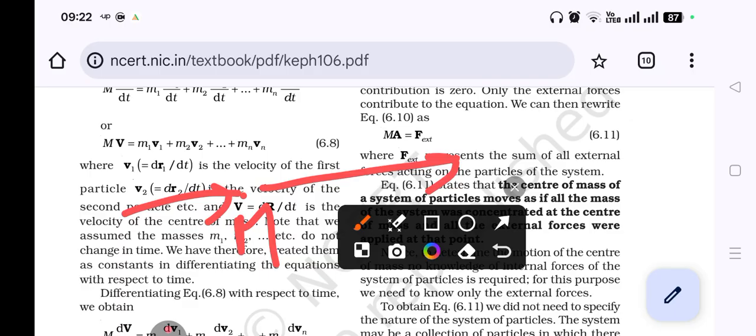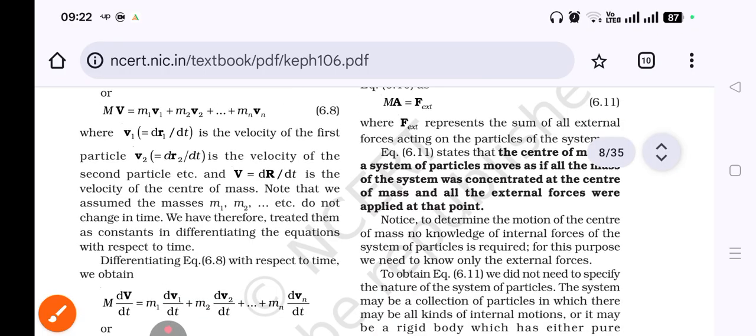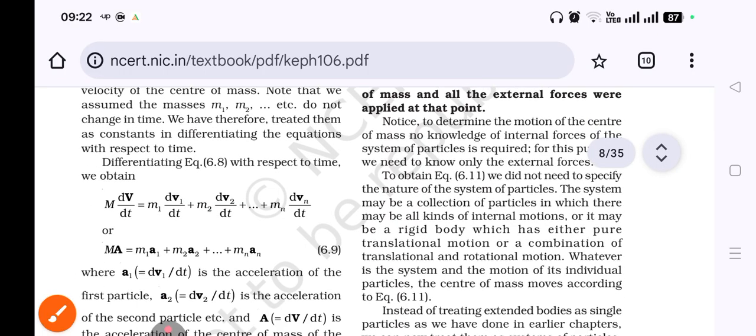As I told you in the previous lecture, we can consider the whole body's mass to be at the center of mass, and this force will move the body with the same acceleration. So this is very easy to understand. We can consider the whole body as a point mass.